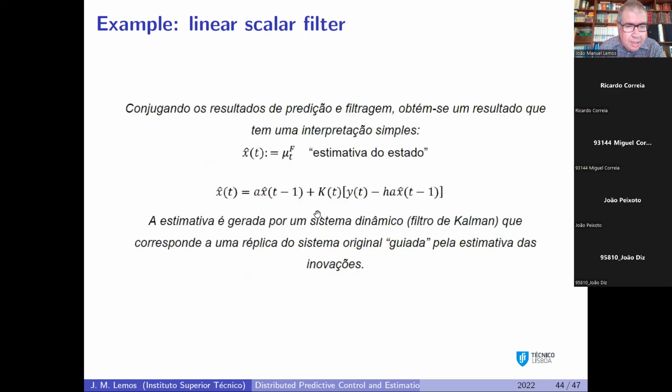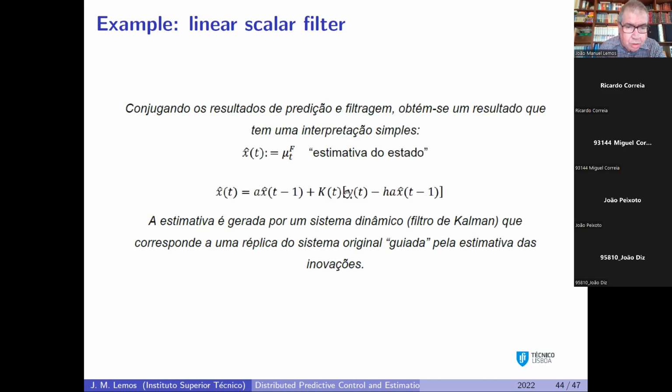You can combine them and say my estimate is the mean of the filtered estimate. That is to say, the mean of the density of x_t given the observations up to time t.